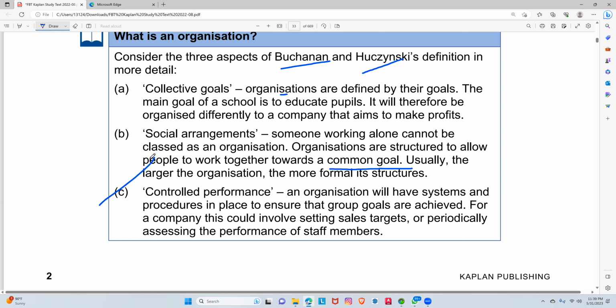You guys can write that down also. Organizations grow if you can manage people. If you can manage people.